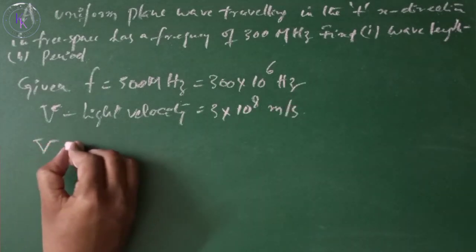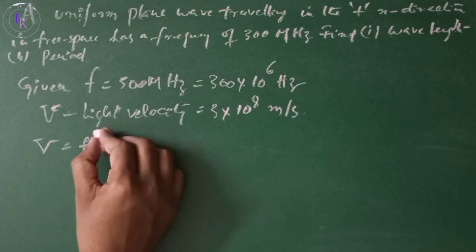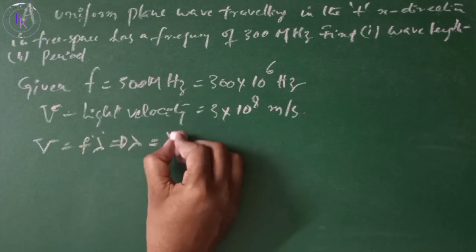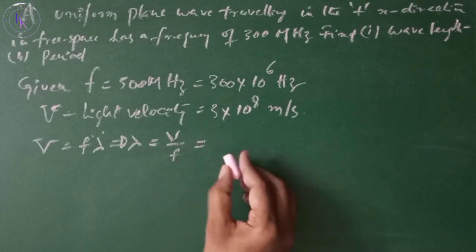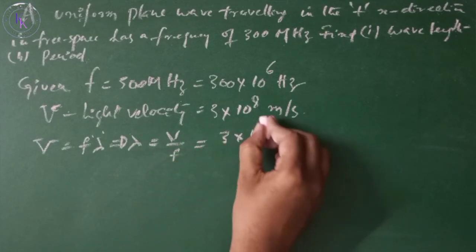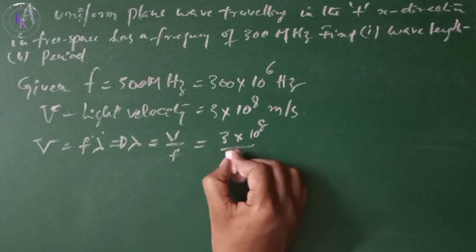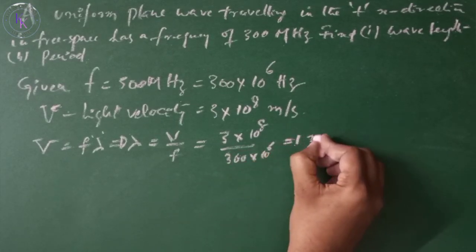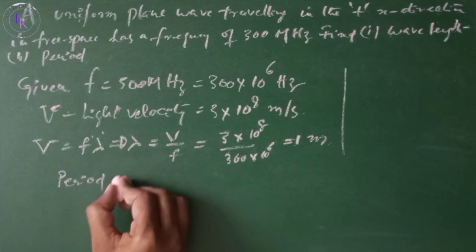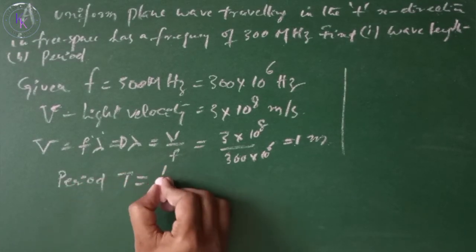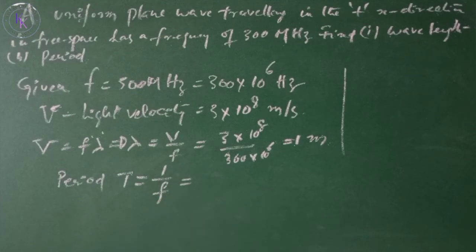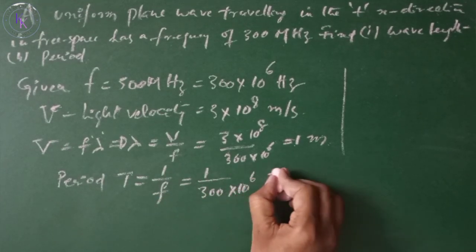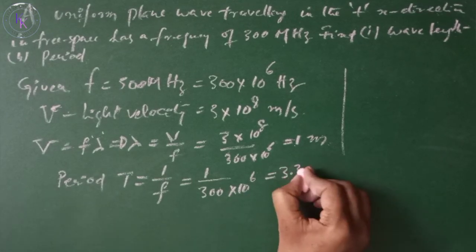V equals f lambda. We need to find lambda. So lambda equals v by f, that equals 3 into 10 power 8 divided by 300 into 10 power 6, which is nothing but 1 meter. Period T equals 1 by f, that equals 1 by 300 into 10 power 6, that equals 3.33 nanoseconds.